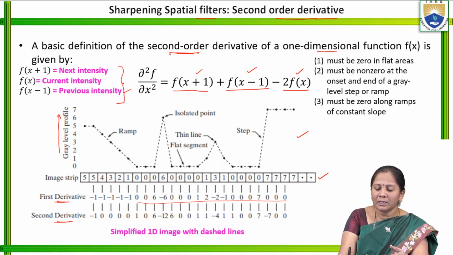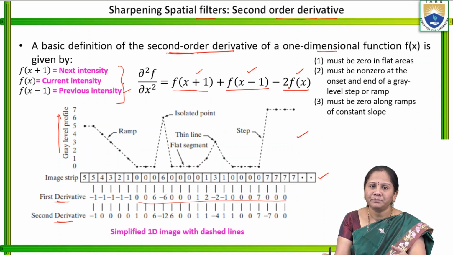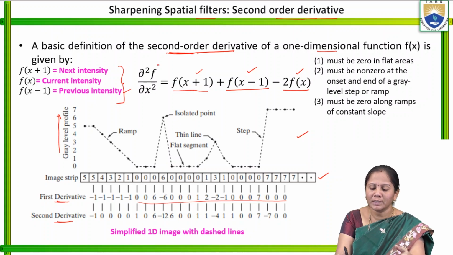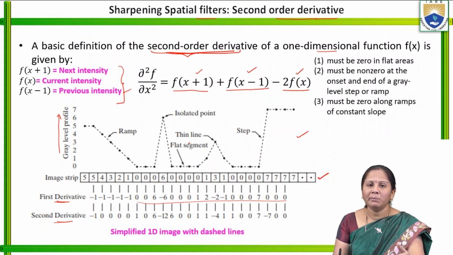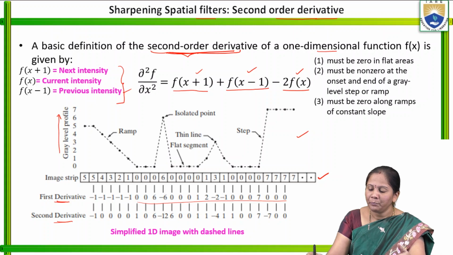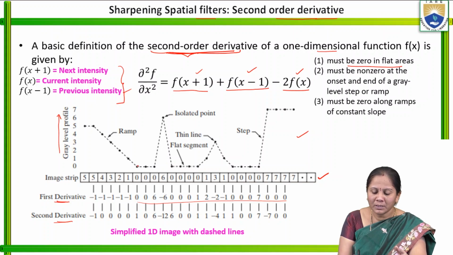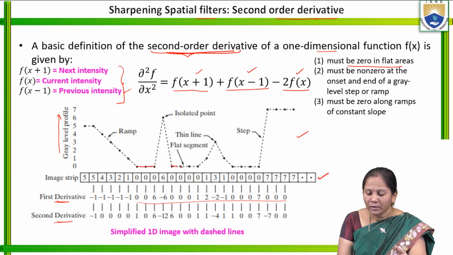Similarly, considering the second order derivative, the same points will be here, but with a small change because it is the second order derivative. Here we know already how this strip we have drawn and what this one-dimensional image represents. And we can see it must be 0 in flat areas. In the graph, all these are the flat areas.